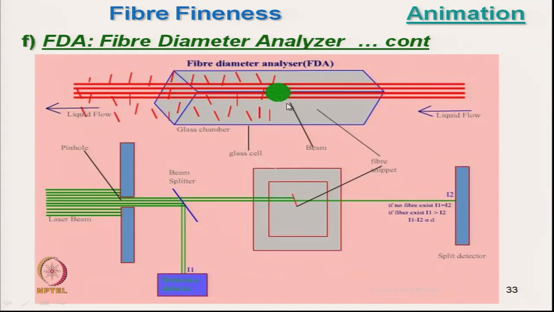That is proportional to the diameter. Now, the technique here is that there is a beam splitter, and this is the split detector. Its function is to detect whether a fiber is fully crossing or not.